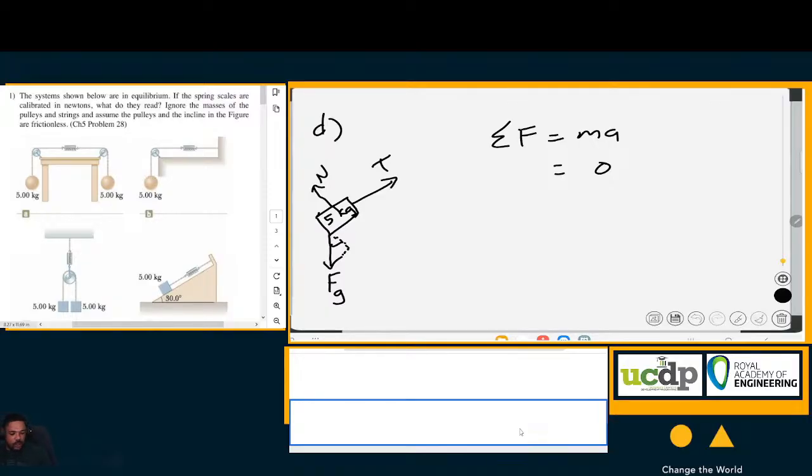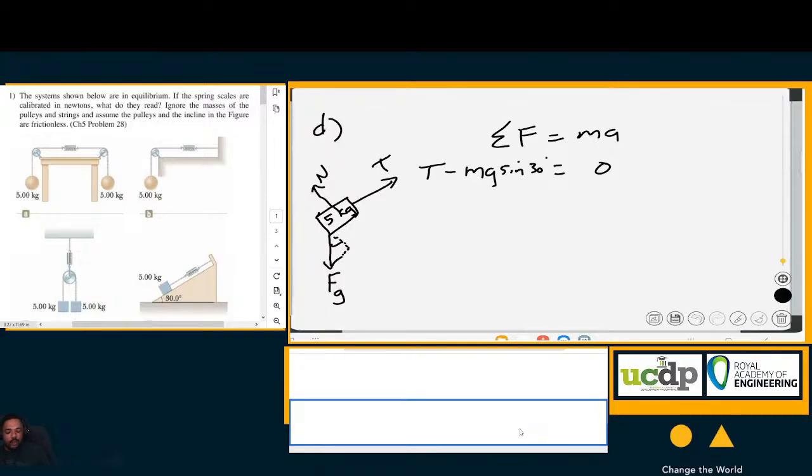You've all seen this in high school physics, or in your study so far. How do you get this component of the force? It's the sine of that angle, and that angle is 30 degrees, multiplied by the sine of 30 degrees, and that should give you your zero force in the horizontal component.